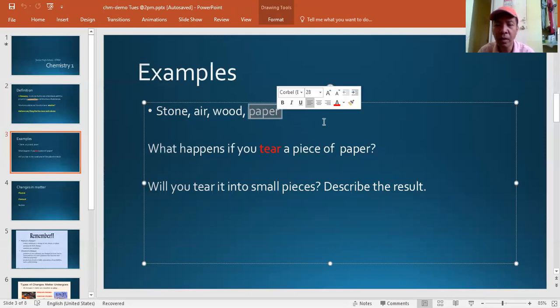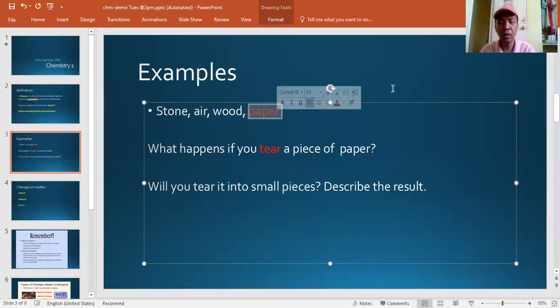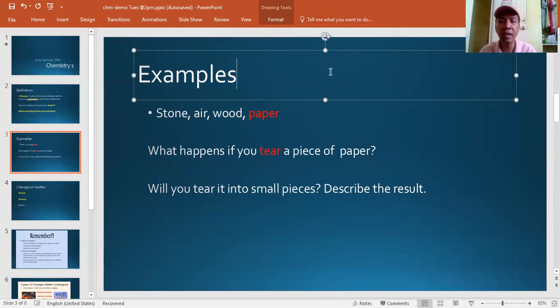You know what paper is? This is an example of paper, a piece of paper. Now, I want you to tear a piece of paper. So I have here a piece of paper, and I want you to tear this. If you tear this paper into bits of paper, look at that, bits of paper.